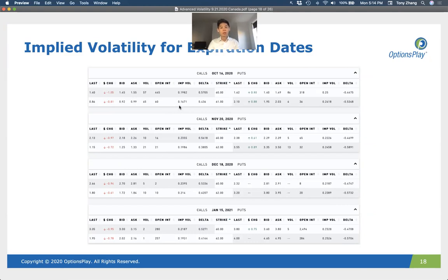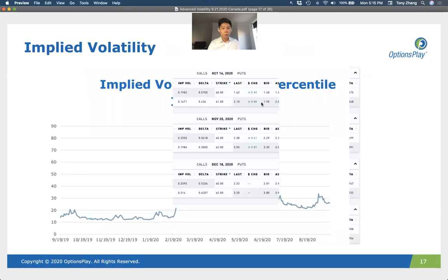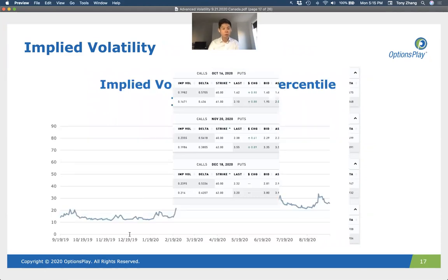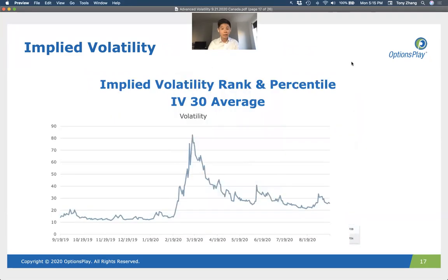Frank is asking, what is 13-week HV rank in the option chain on the Interactive Brokers platform? I'll be perfectly honest, this is really where each platform has its own definitions. It's hard to know exactly what 13-week HV rank is, but basically it's taking the historical volatility and plotting it on a chart that looks like this.